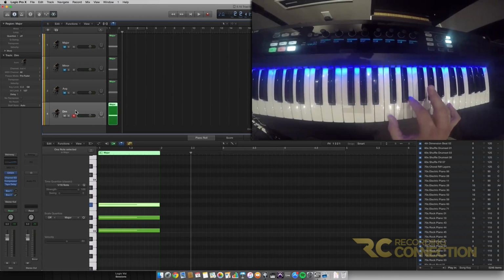Now we're going to go back to the minor position with a minor third and a perfect fifth, and we are going to create a diminished triad by lowering the fifth a single step, which gives you a minor third and a tritone, which is a very dissonant interval. And combined, they sound like this.